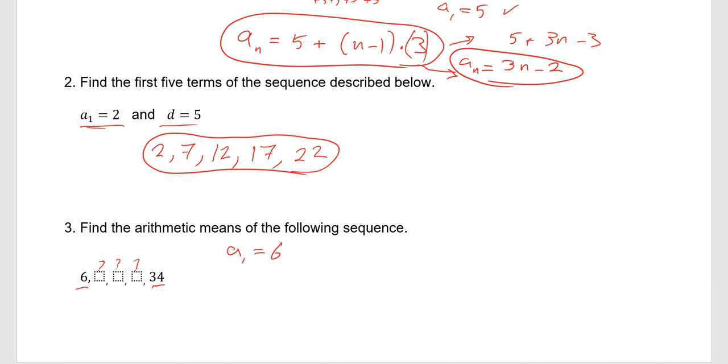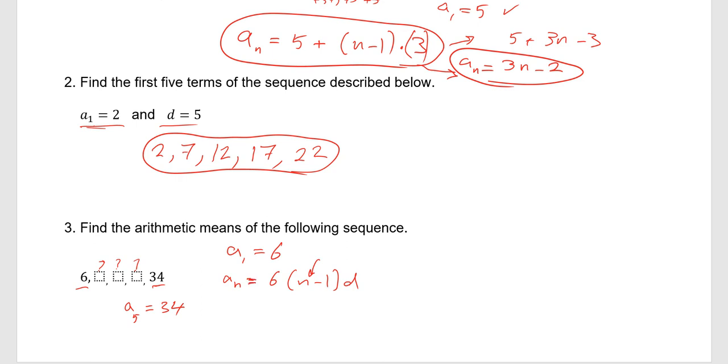And then we can just try to write our general equation, a sub n equals 6 plus n minus 1 times d. Okay, so we don't know d, but we know that the fifth term is 34, and the first term is 6, and there are 3 terms in the middle. So we know that a sub 5 is 34.